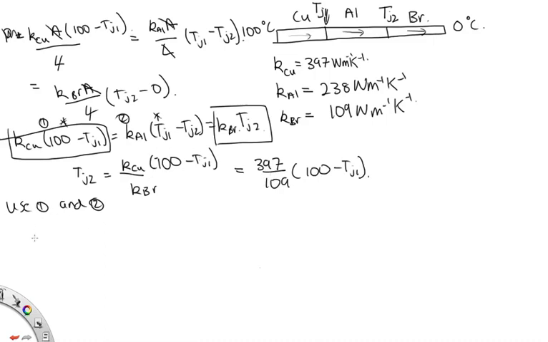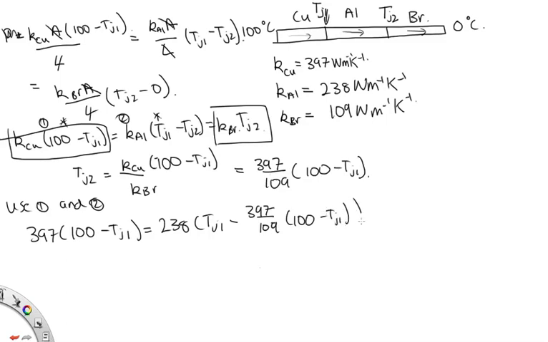So we've got copper, that's 397, 100 minus TJ1 is equal to aluminium, which is our 238, TJ1 minus TJ2, which is 397 over 109 times 100 minus TJ1. Okay, now we've only got one unknown, so we can collect together all the TJ1s over this side and all the pure numbers over this side.